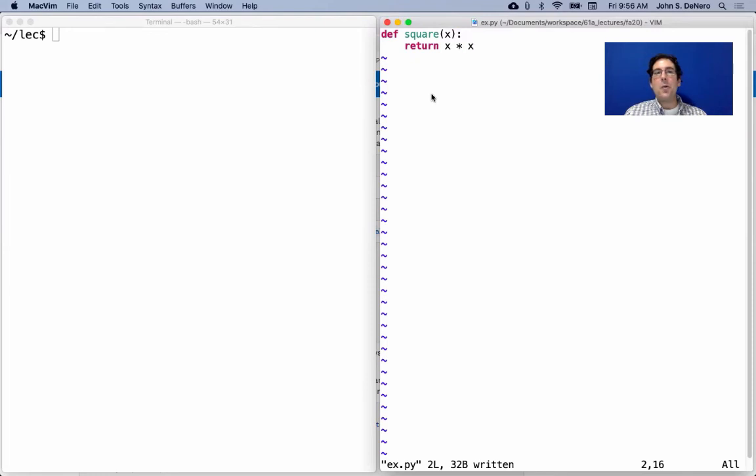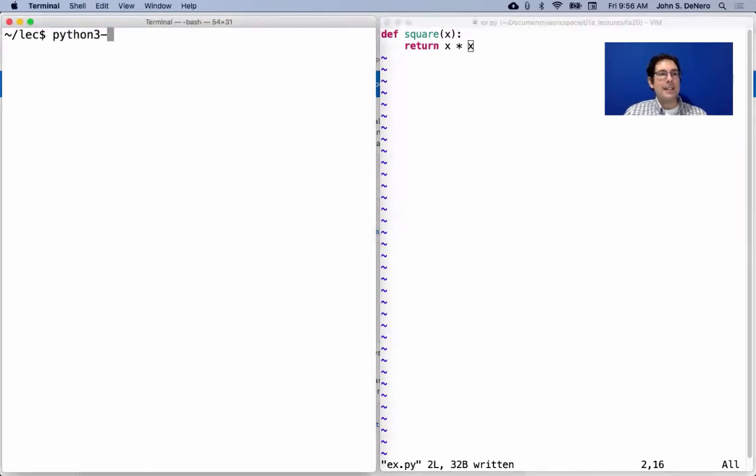And so I wanted the way that people access it to not be to write square 12. I really wanted them to write math.square 12.